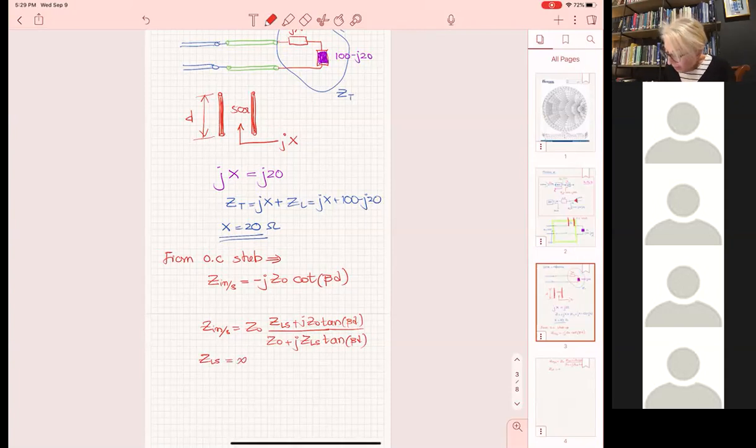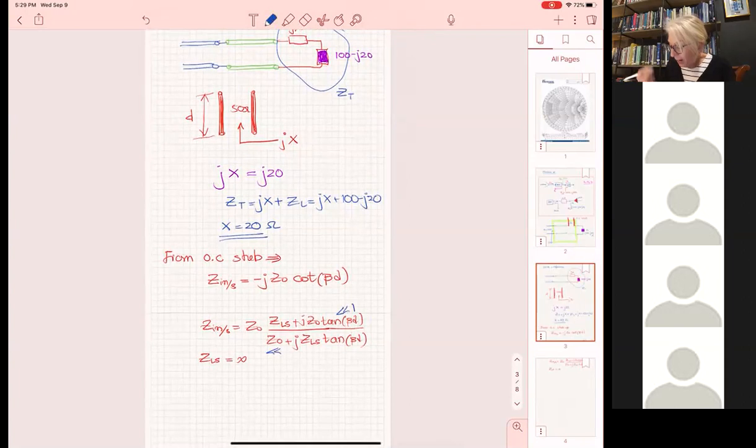Which makes these much smaller than the other term, and therefore I can ignore this, I can ignore that. And what do I get? I get the Z input to S is minus J Z naught cotangent of beta D.